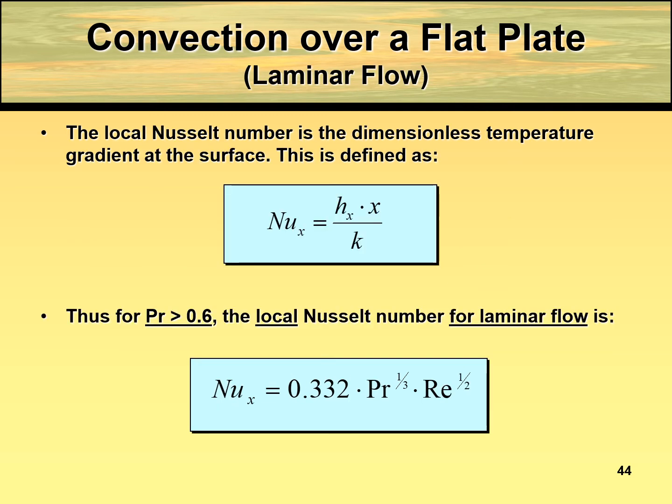So if we take the convection coefficient ratio to the thermal conductivity, the Nusselt number for Prandtl number more than 0.6 is given by 0.332 times the Prandtl number to the power of 1/3 times the Reynolds number to the power of 1/2.